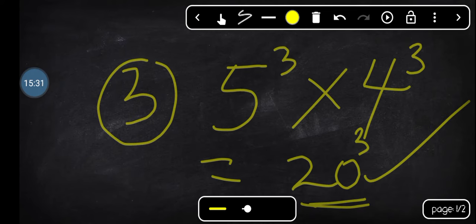Just keep this fundamental in your heart. You can replay the video to refresh yourself. By the time we come back, we will be looking at different questions on indices. Then from there we move into logarithm, laws of logarithm. Then from there we solve questions.